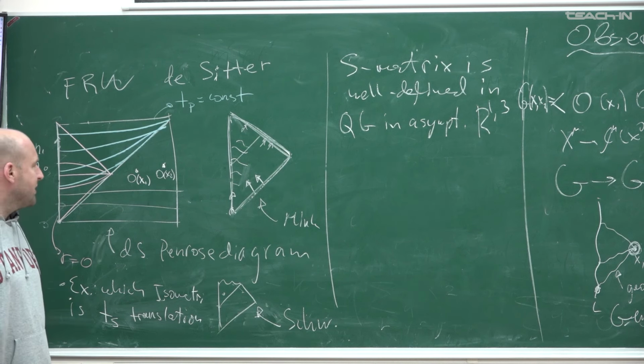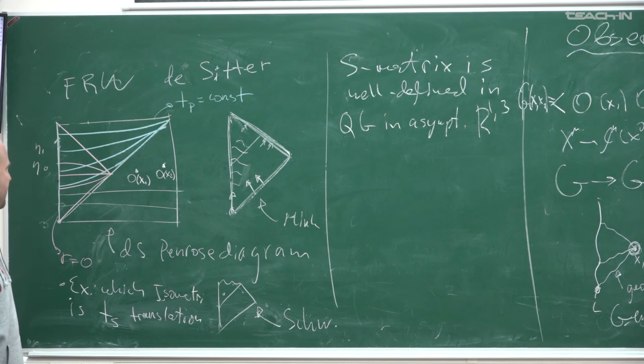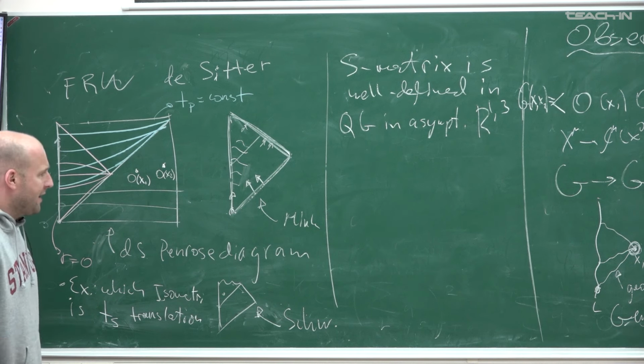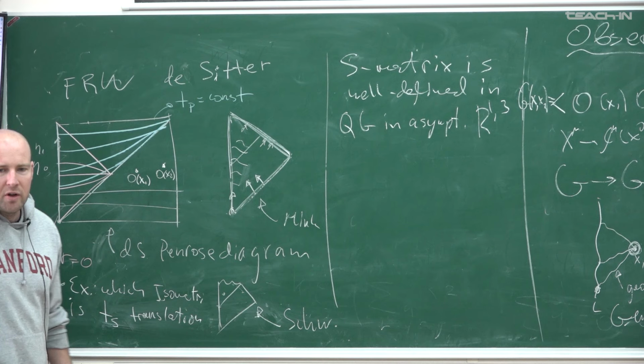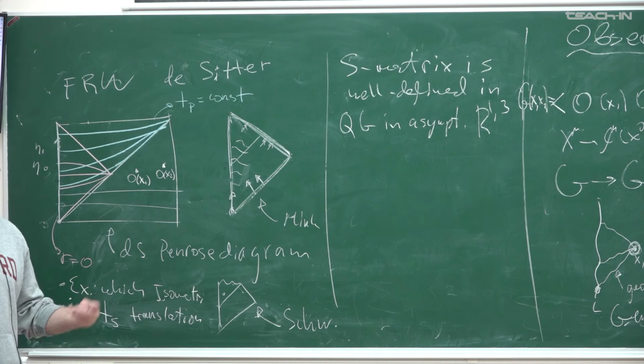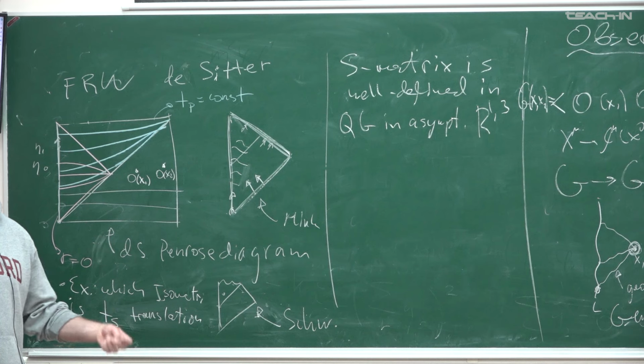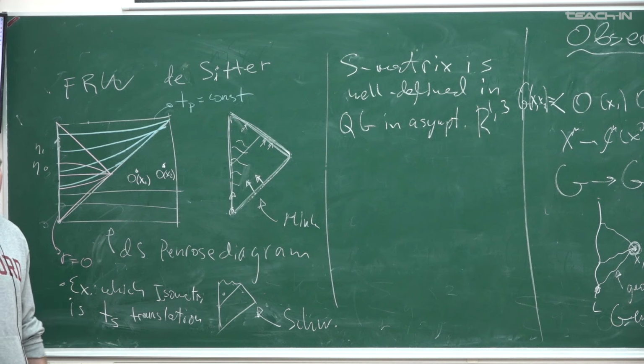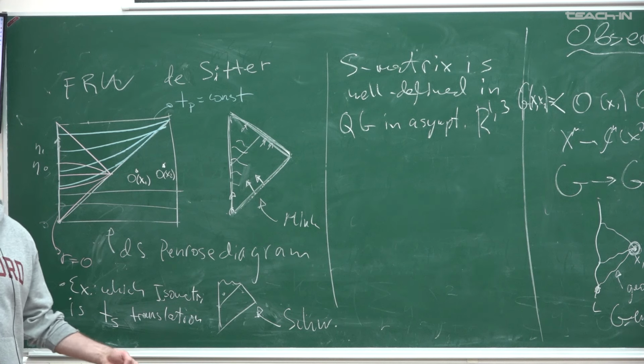No, in de Sitter space, I'm saying it's not. I mean, you can calculate several things, but what's complicated in de Sitter, what no one knows how to do, is how to define a single observable. And of course, as I said, all of this is when gravity is turned on, and when we want to define an observable, at least in principle, with arbitrary precision.